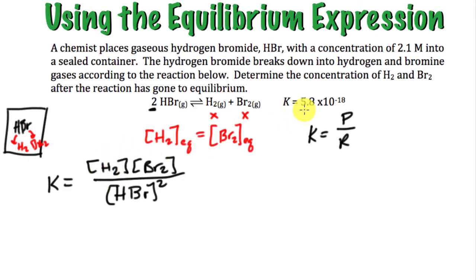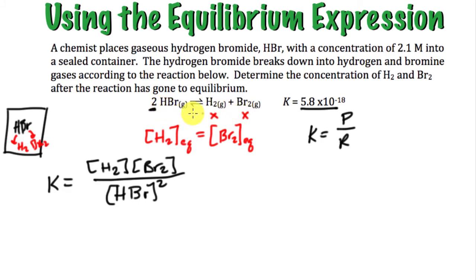All right, so we know what K is. Now, what does K tell us? We do start with some of the hydrogen bromide, and some of it will be used up. But here's the trick: if K is really, really small, are we really shifting very far to the right? Remember, K tells us how far to the right the reaction is going to sit at equilibrium.